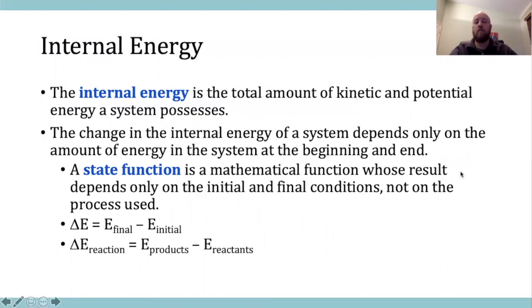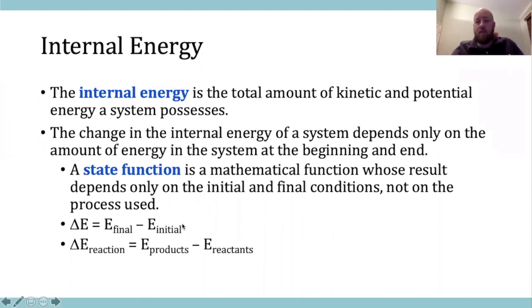All right, some other terms here. Internal energy is the total amount of kinetic and potential energy that the system possesses. Okay, so again, it's not just internal, it's kind of just everything. It's the total value, it's the total amount of energy. And so you'll see this as E. Okay, so delta E is called the internal energy. All right, and so it is the final energy minus the initial energy.